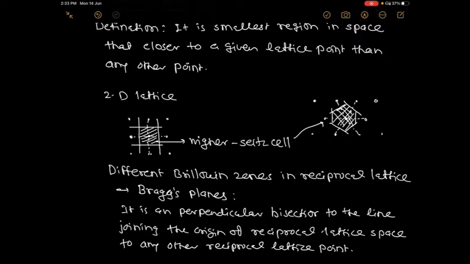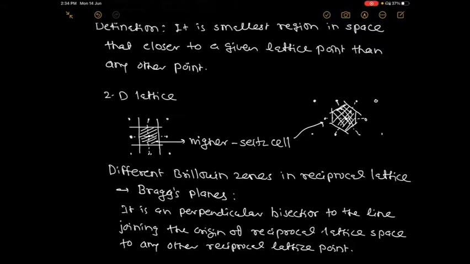By using that Bragg's plane, we construct the various Brillouin zones. Firstly, we construct the first Brillouin zone using the Bragg's plane, which is a perpendicular bisector to the line joining the origin of reciprocal lattice space to any other lattice point.